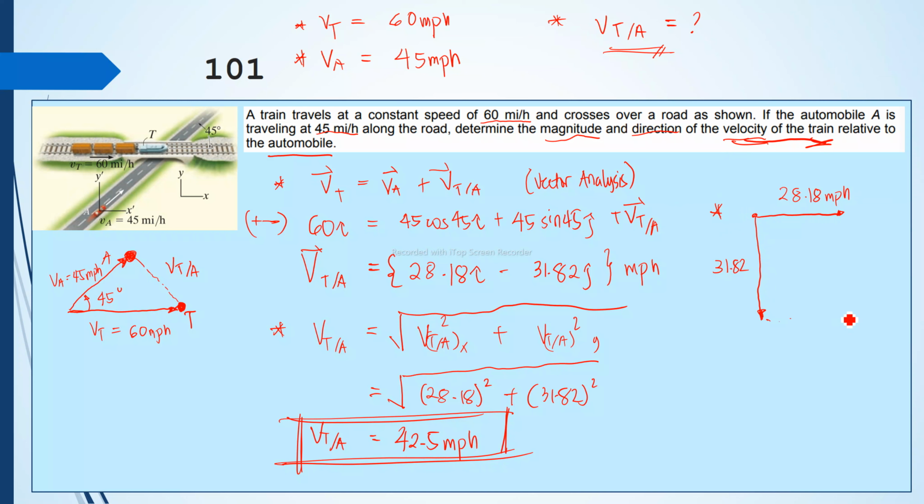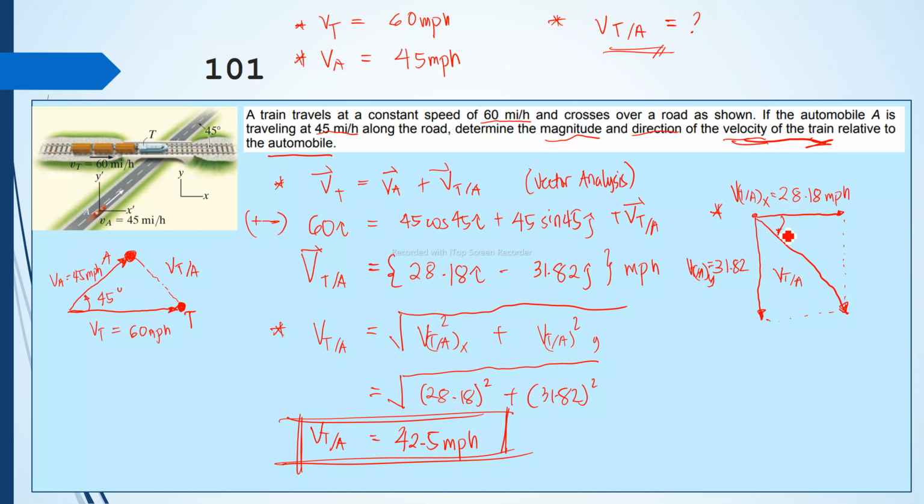And if you're using the parallelogram method, this is the velocity of the train with respect to the automobile along x, and then the velocity of the train with respect to the automobile along y, then this will be the relative velocity of the train with respect to the automobile. Now, what is the direction?